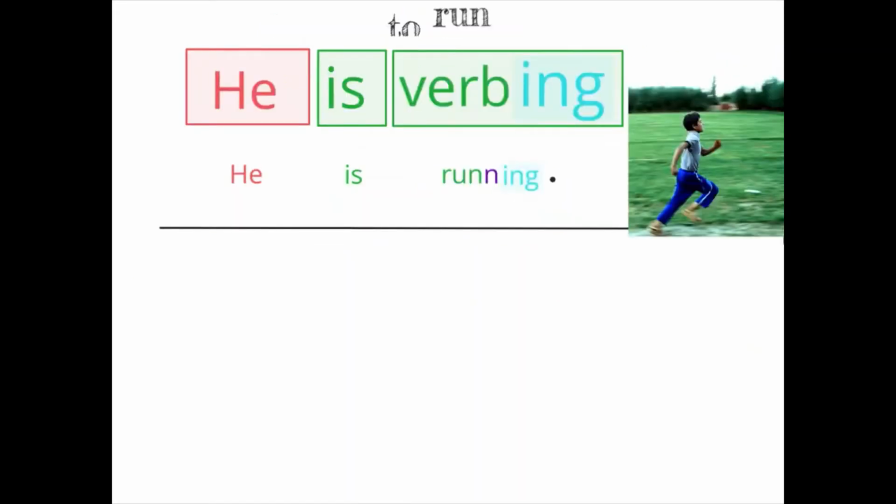For this type of sentence, we begin with our subject. That is, who is it about? We're going to have a boy, so we will use the word he. And then we have our verb is. And then we're going to have an action verb, something that this boy can do, and we will add ing to the end of the verb. So we will take the verb run, and we will put it right here and add ing to it.